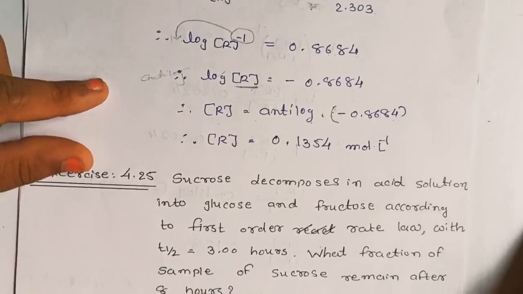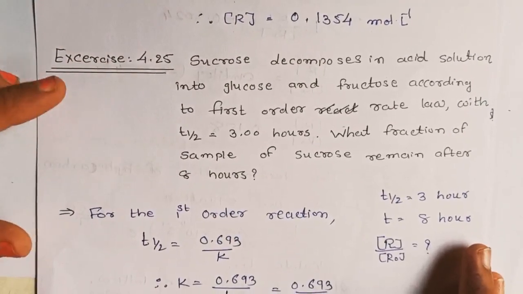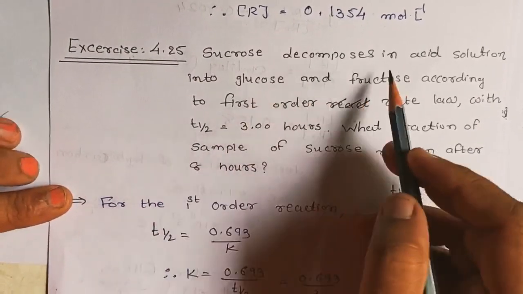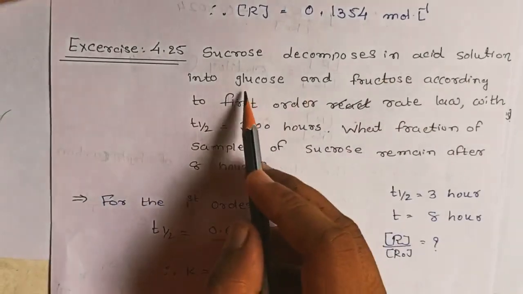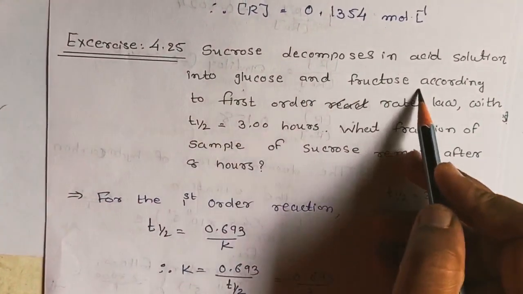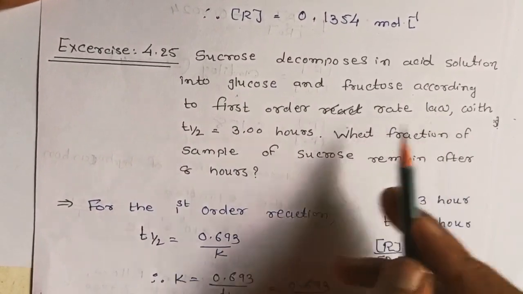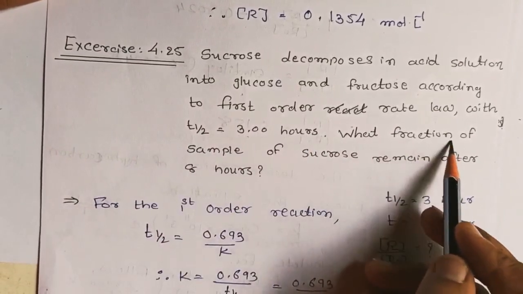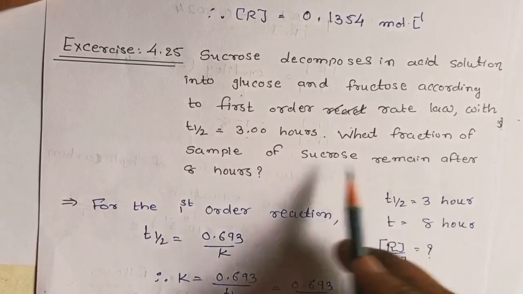Okay, quite simple. Now exercise 4.25. Sucrose decomposes in acid solution into glucose and fructose according to the first order rate law with T half equal to 3 hours. What fraction of a sample of sucrose remains after 8 hours?